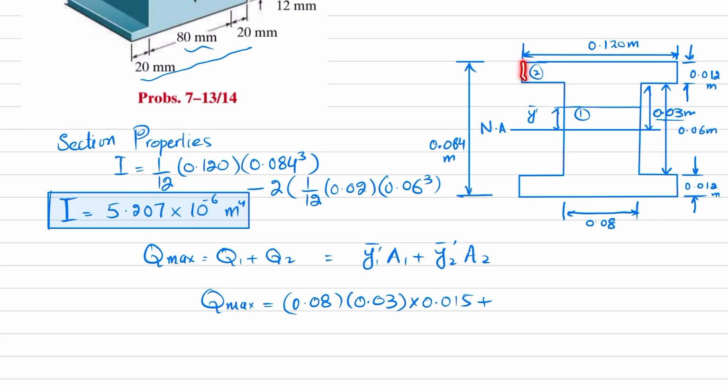Plus, now we will take this area, which is 0.120 multiplied by 0.012. And what will be y2 dash? y2 dash will be from the neutral axis till the middle of this section 2.